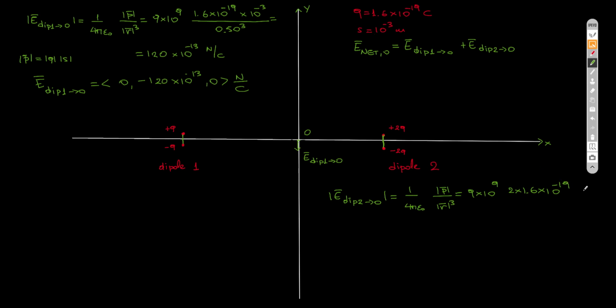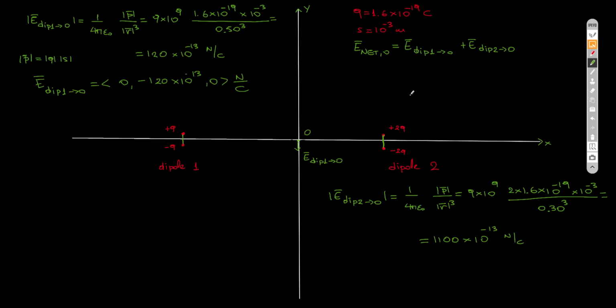I do have the same separation as before, so this is 10 to the minus 3. And let's use a distance here that is 0.3 meters, to the power of 3. And this is equal to 1100 times 10 to the minus 13 newtons per coulomb.